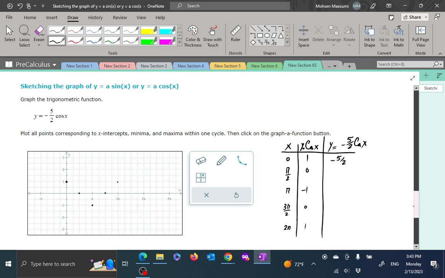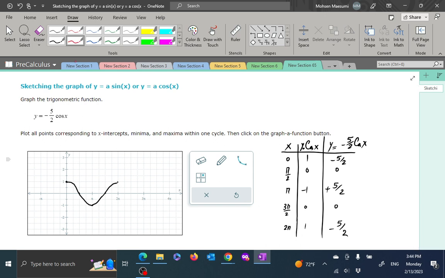So this is minus 5/2, 0. This is plus 5/2, then again 0, and then again minus 5/2. So let me draw the original. Now multiply it by minus 5/2, that's minus 2.5. So this is minus 2.5.